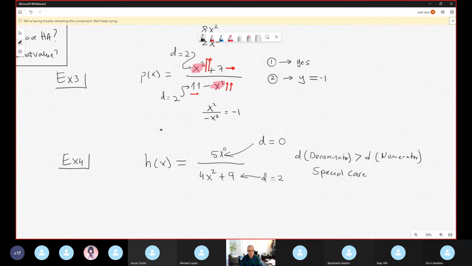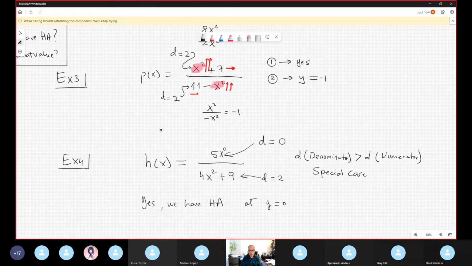The other example that we did before is the regular case. But this is special. And yes, the answer is yes, we have a horizontal asymptote. But this is special, and special always happens at y equals 0.